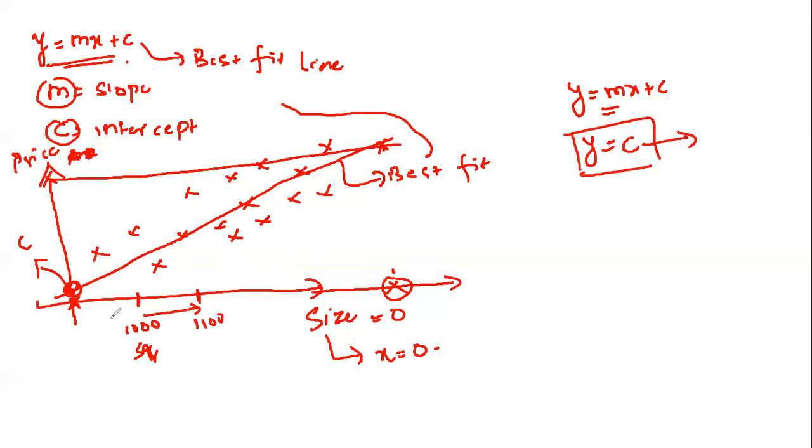Within this unit change, what is the change in your best fit value? What is the change in the price? That we consider as the slope. So this slope indicates that with a unit change in my x-axis, that means my size, what will be the change in your y-axis, and that is what we are trying to find out.